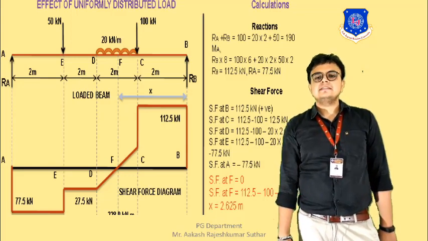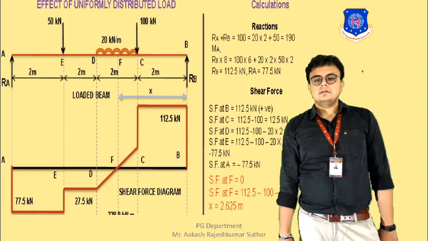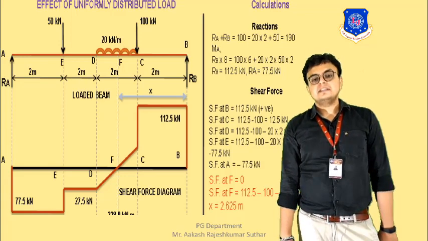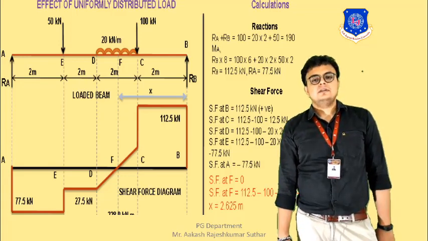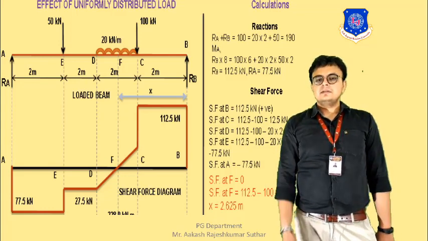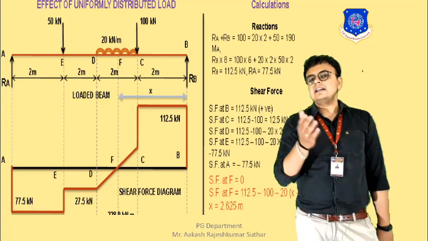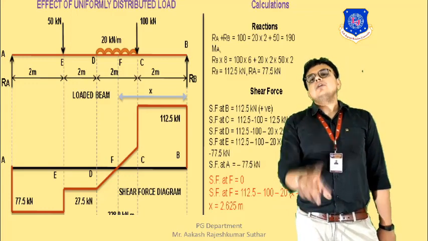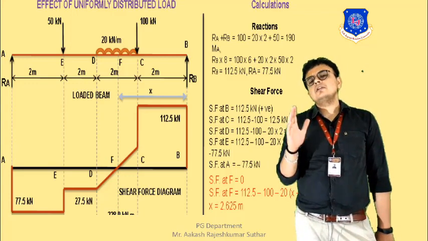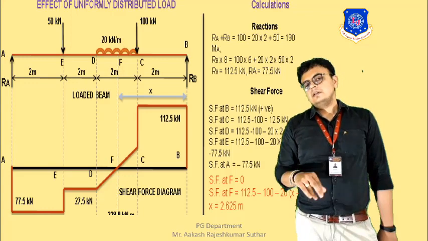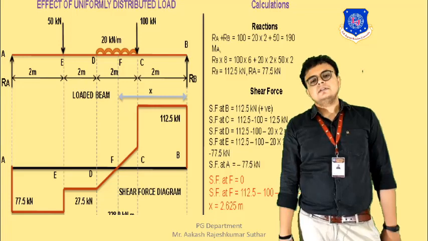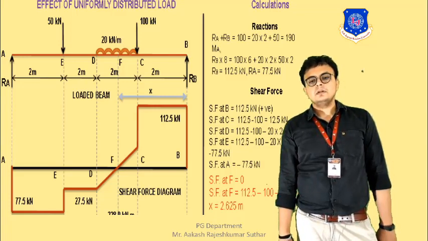then the equation will be such that capital RB into 8, that is the distance of B to A, is the only thing we are getting in the anti-clockwise direction, and all the other loads will be in the downward direction, creating a clockwise moment in the beam.